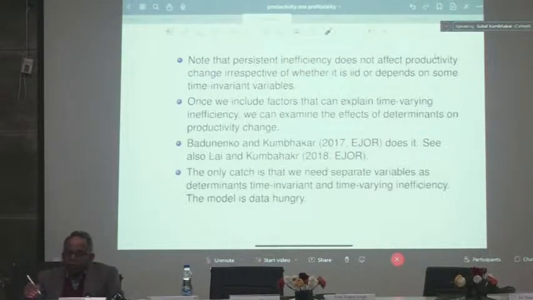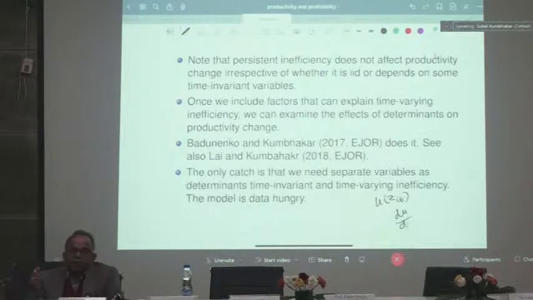Because remember, I just said U, or inefficiency, is a function of Z, and if Z is changing in the time dimension, then this du/dt is going to change because the Z variable is changing over time. Okay. So then this is going to give you one extra piece of information, that your change in efficiency is caused by changing the Z variable or variables.